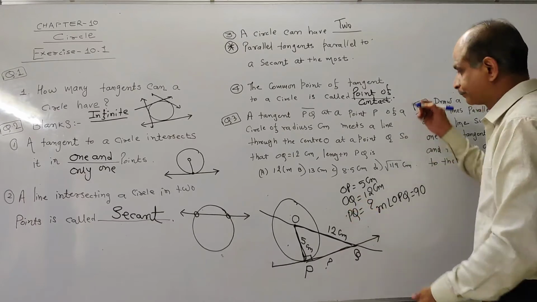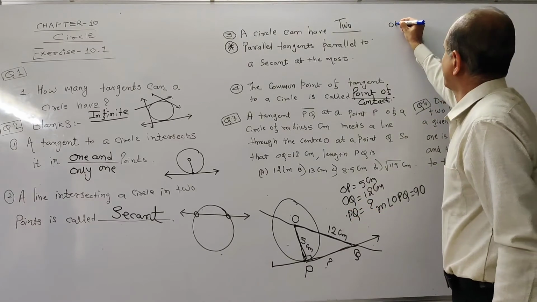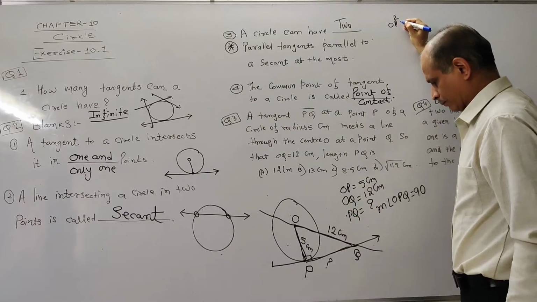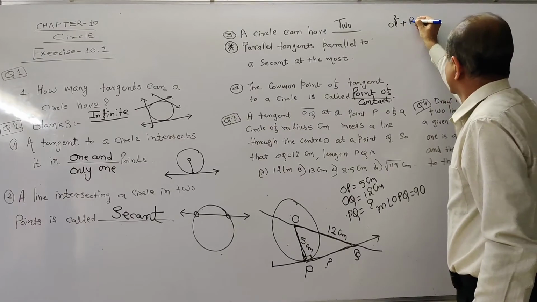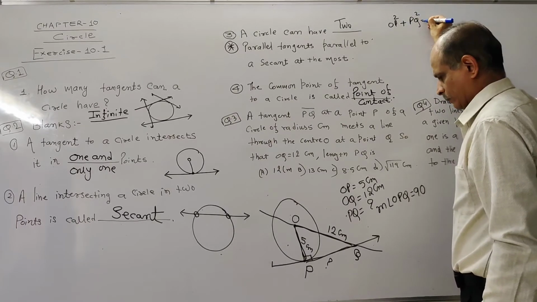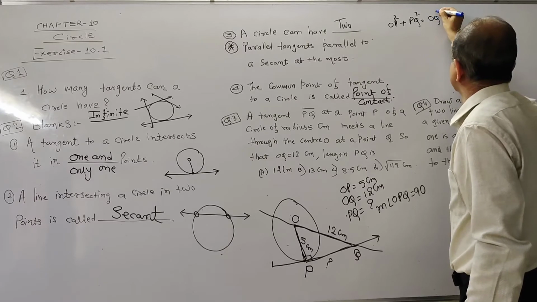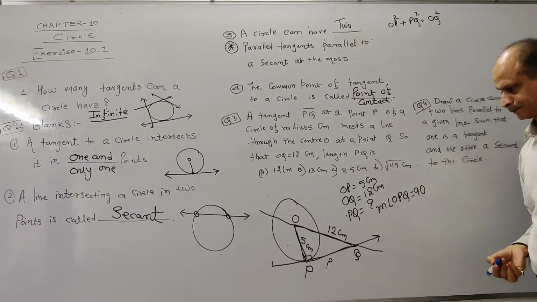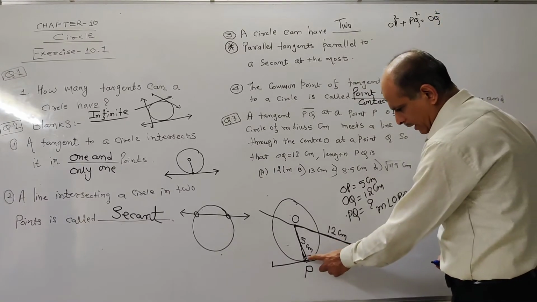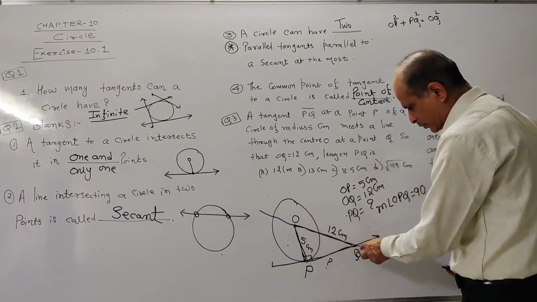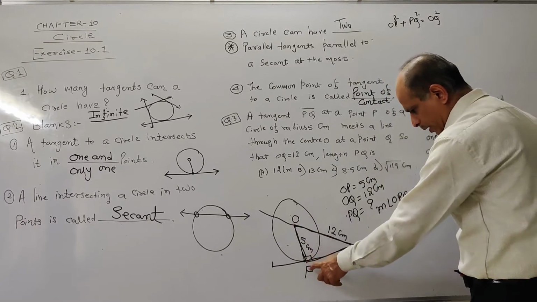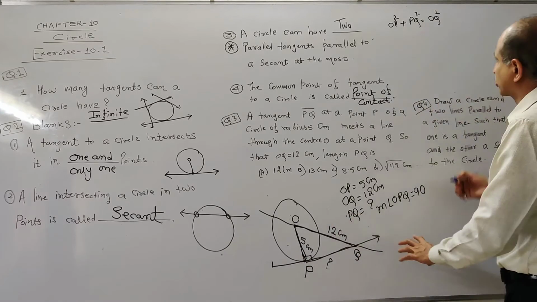So we can say OP square plus PQ square is equal to OQ square, because angle P is 90 degrees, so OQ is the hypotenuse.